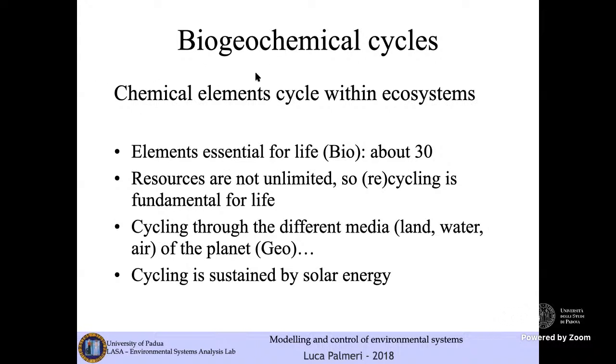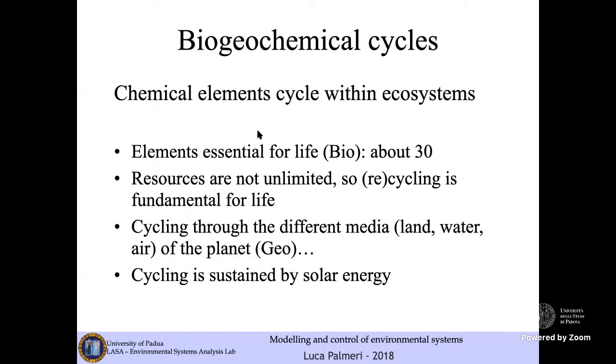So the biogeochemical cycles of interest refer to elements that are essential for life. This is why we talk of biogeochemical. These are more or less 30: phosphorus, nitrogen, oxygen, carbon, and then hydrogen, iron, and so on.